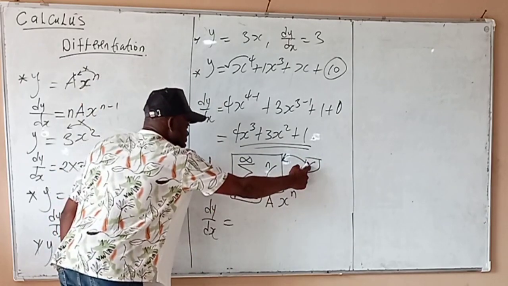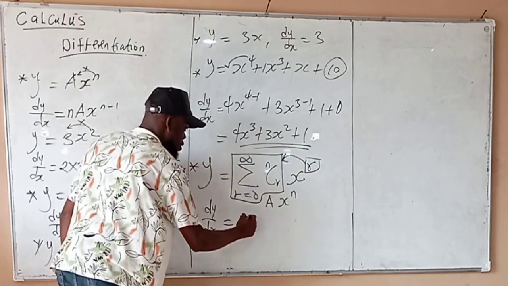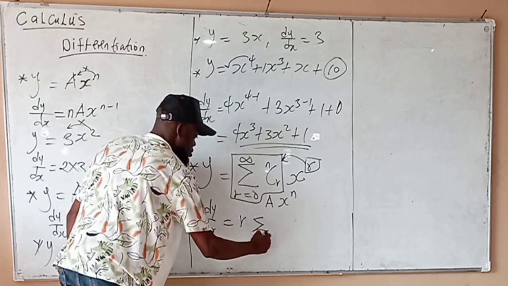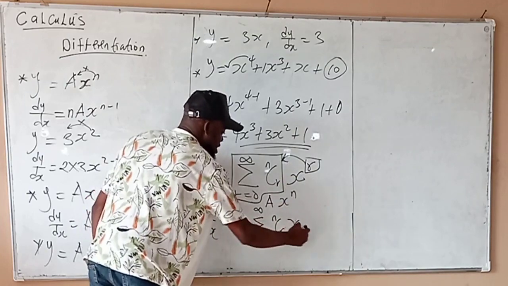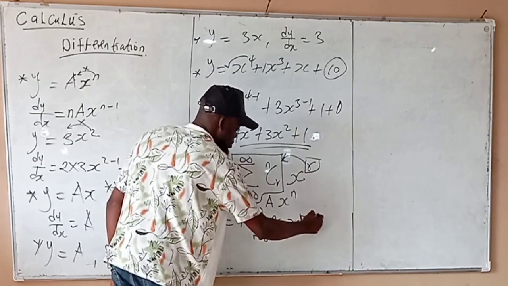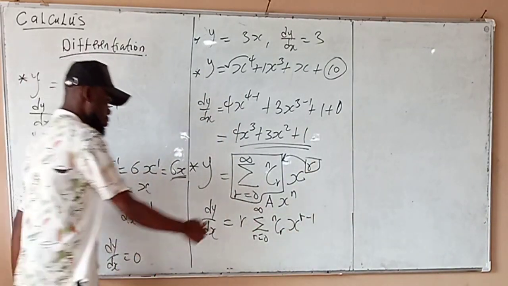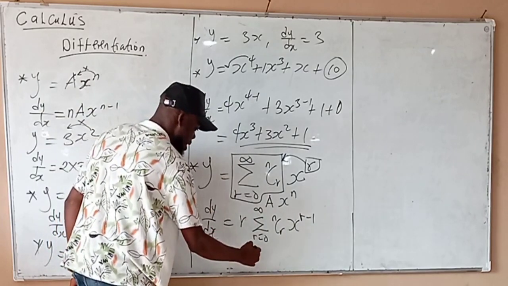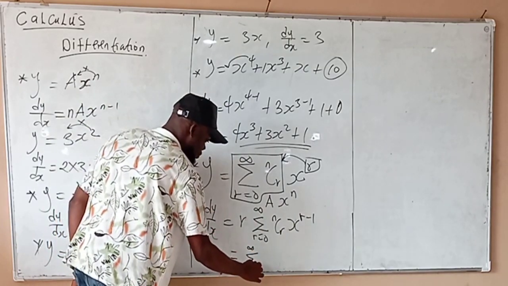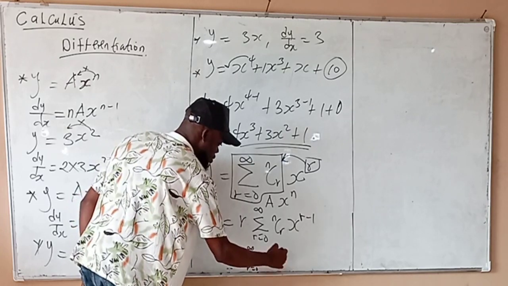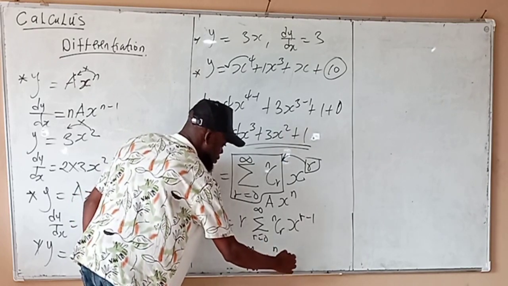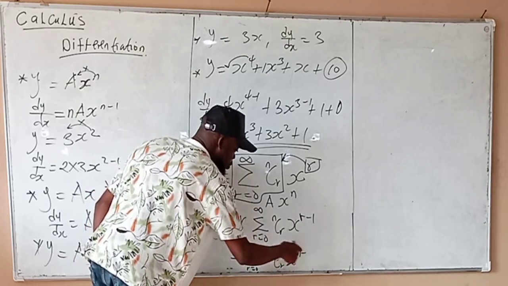So we have n times a, we have r times this. Then you put the x back, then n minus 1, r minus 1. That's all. Or if we decide to put this r inside, we have the summation from 0 to infinity of r times the combination times x to the power r minus 1.